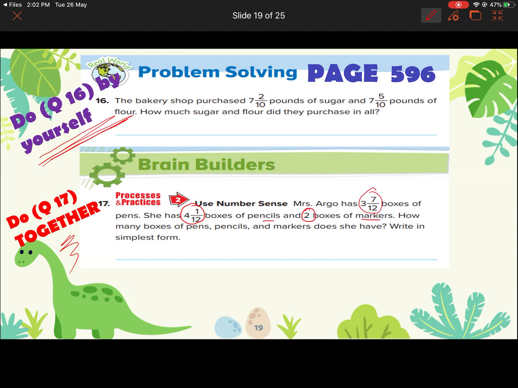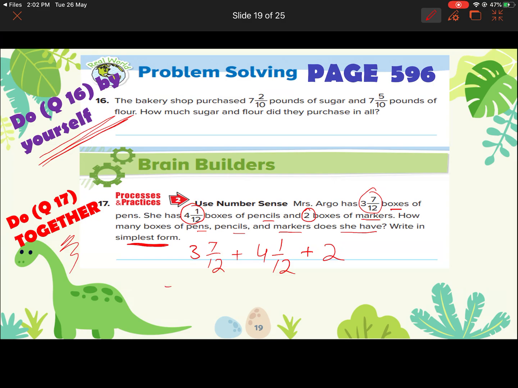Okay, now how many boxes of pens, pencils and markers does she have? Write it in the simplest form. So keep it in your mind. You must write it in the simplest form. So write down these numbers here. So 3 7/12 plus 4 1/12 plus 2 whole.